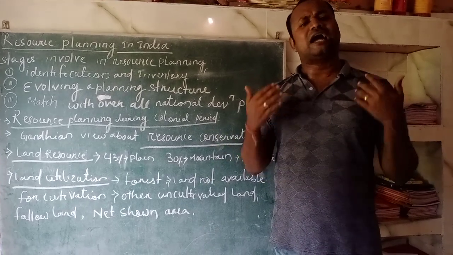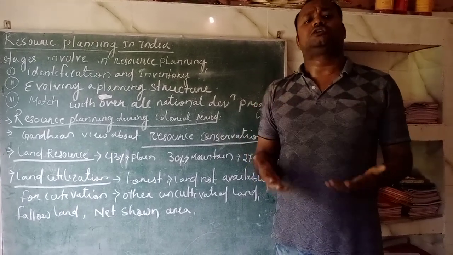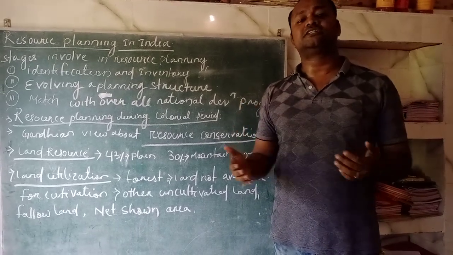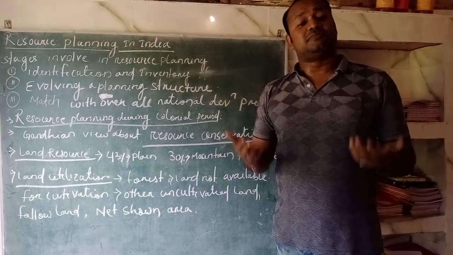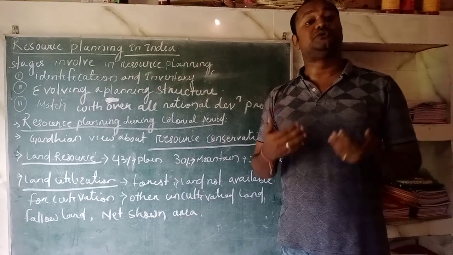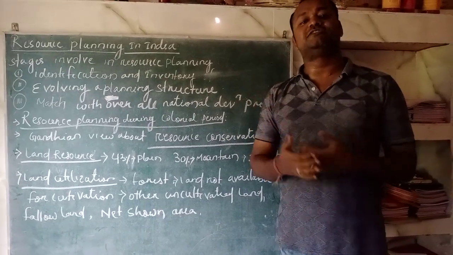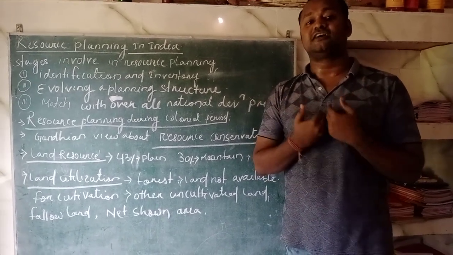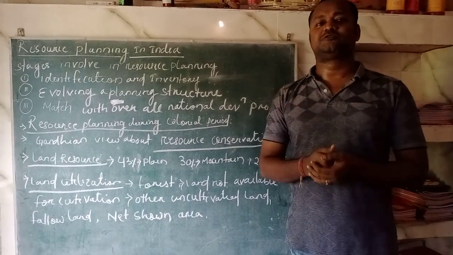That means nature has provided a lot of resources to us, but we have to use them in a judicious way. If we use them for fulfilling our greed, then no doubt these resources will become extinct or finished.